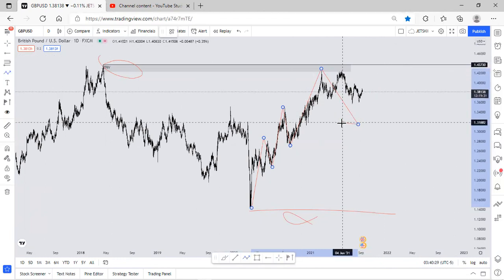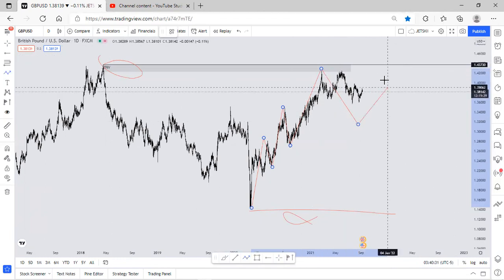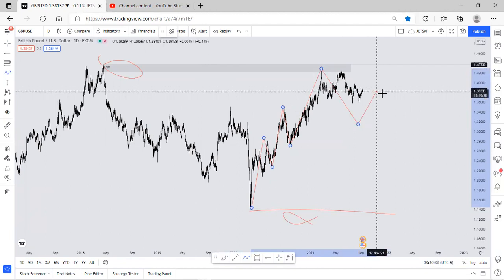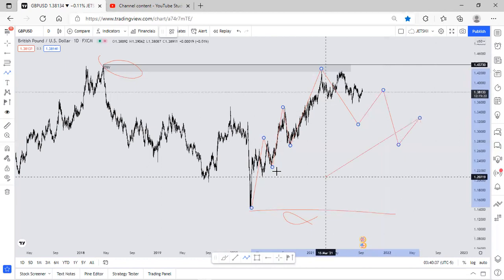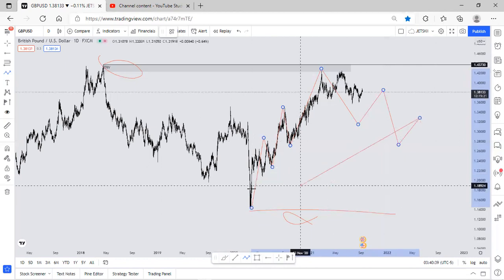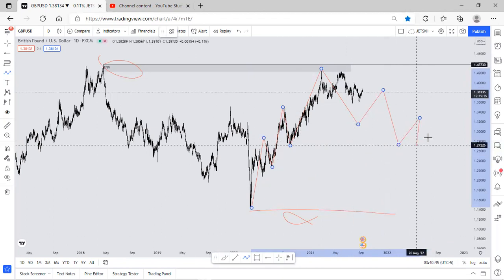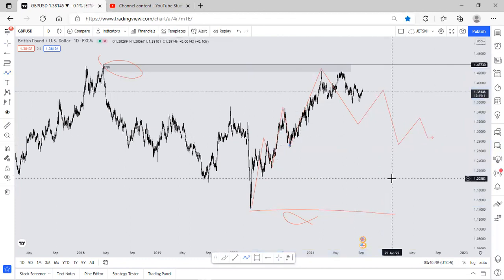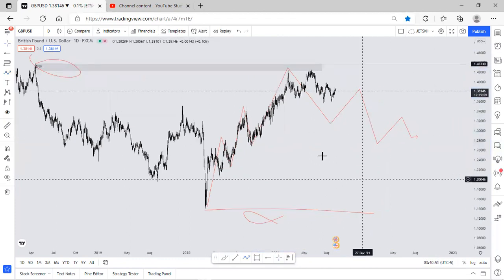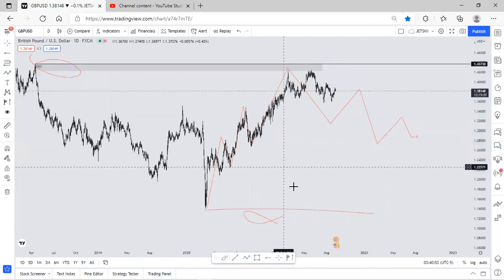But for now, it can do something like this, and then it comes and completes the downside. Because we have a lot of things below here which need to be filled on a daily time frame. So on the daily time frame, you wait. That's why I don't trade higher time frames, because you have to wait for all of these things to play out.